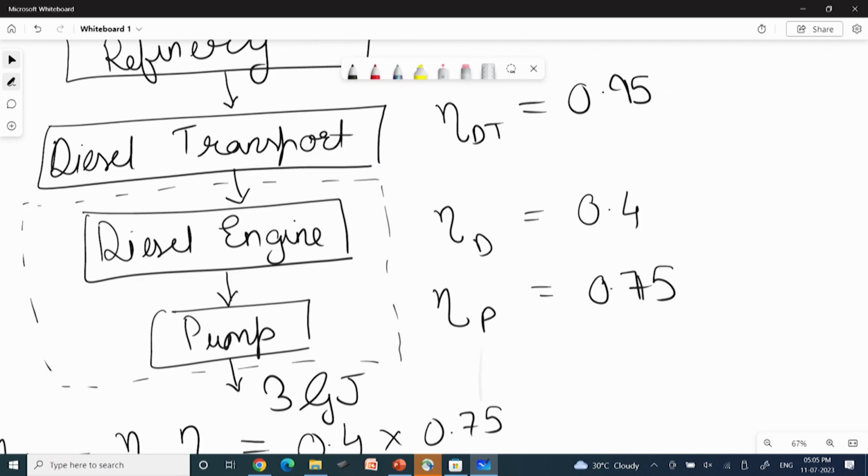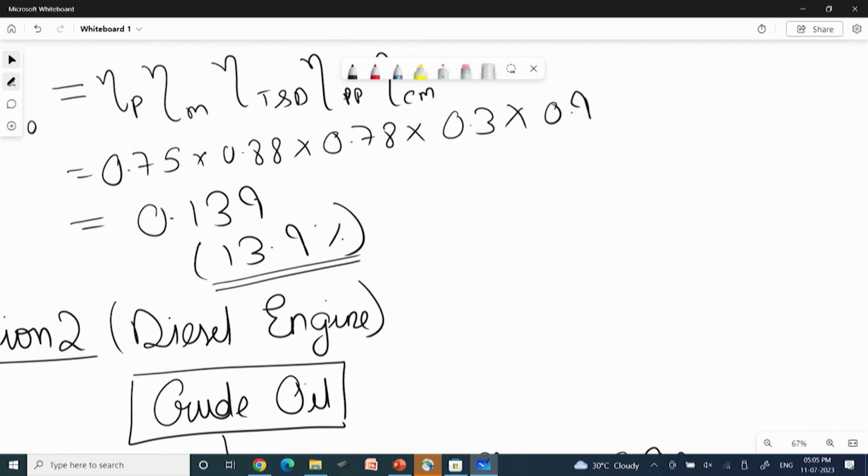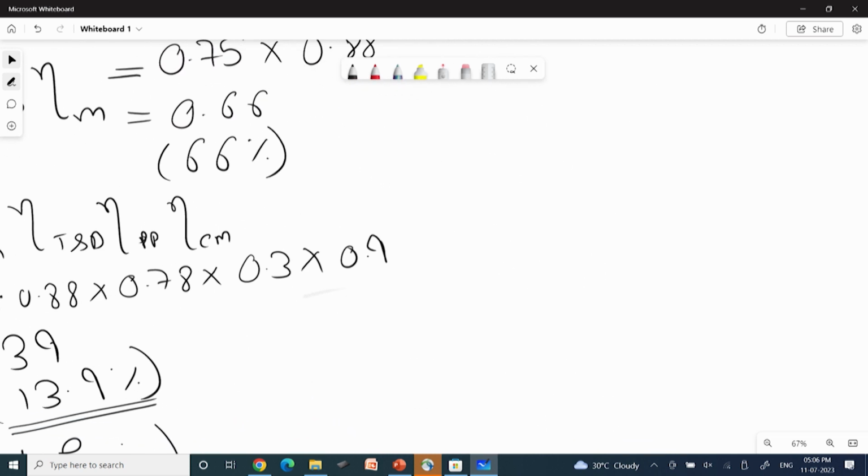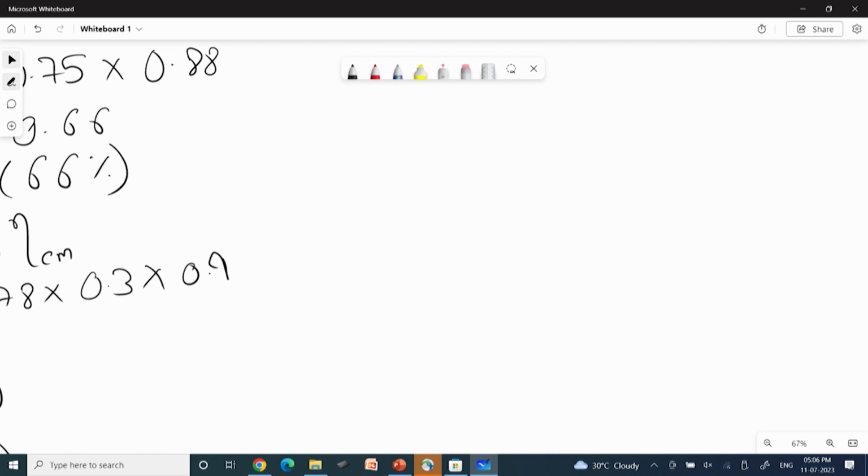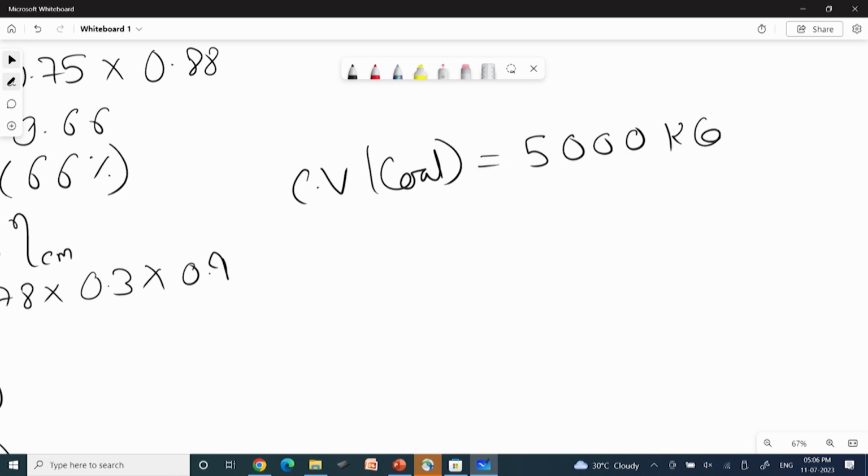In the earlier case, we can assume a typical calorific value for coal, CV of coal, in the range of 5000 kilocalories per kg of coal, and I can use this to calculate the amount of coal.